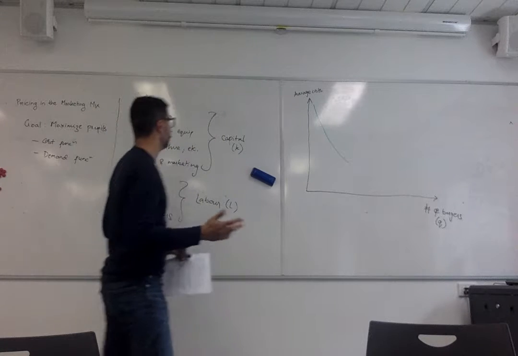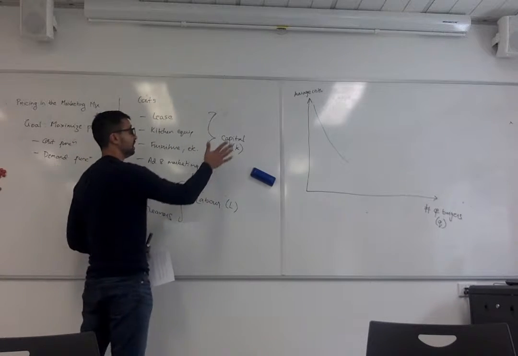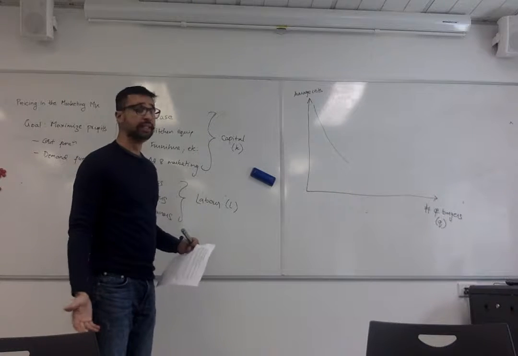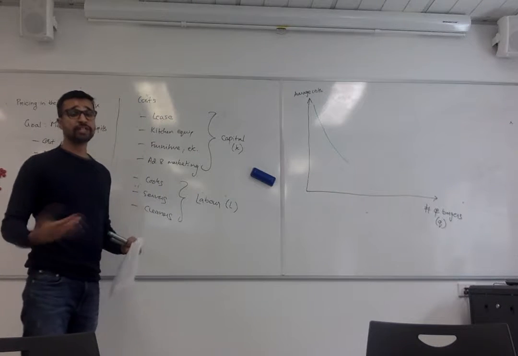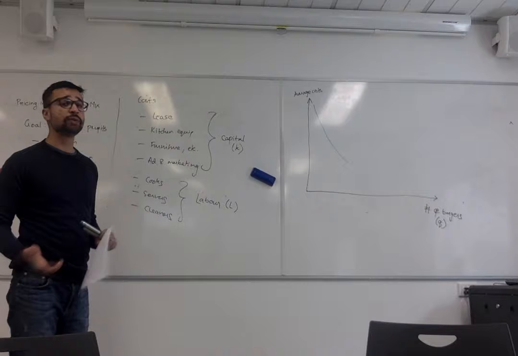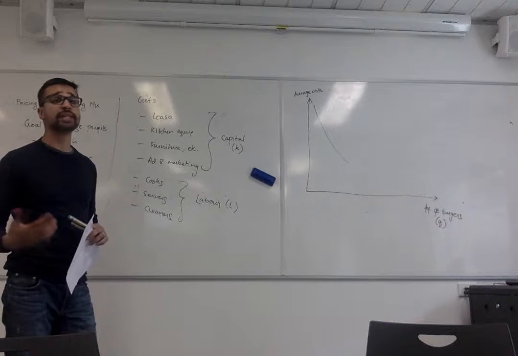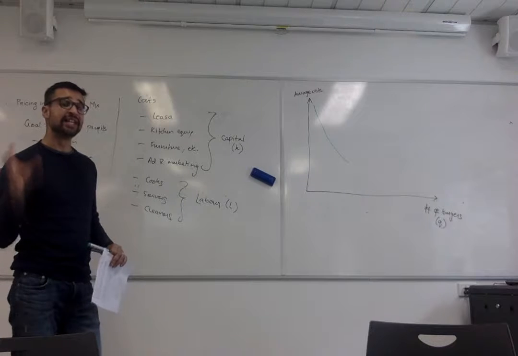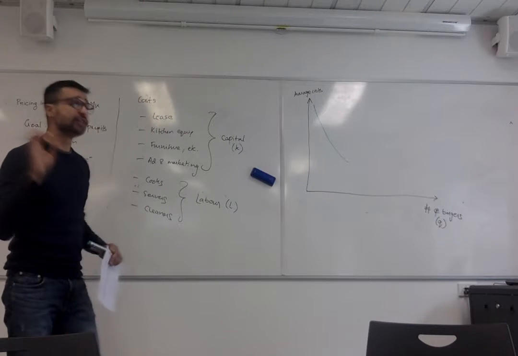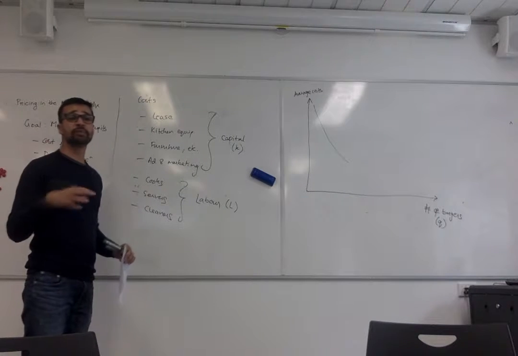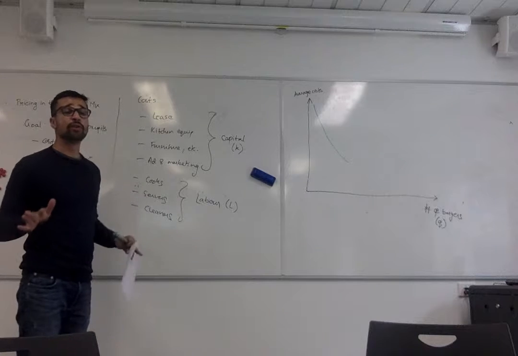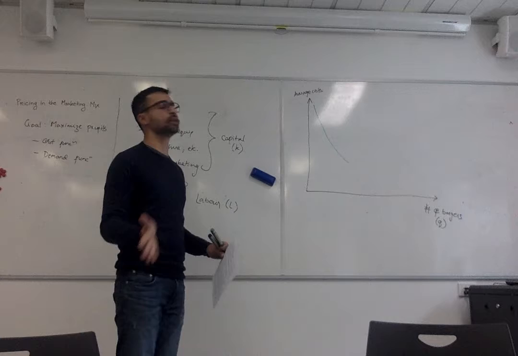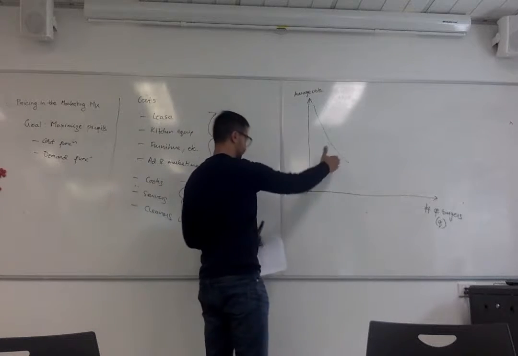Why is that? Well, what's happening is that the initial costs of capital are being spread over a larger volume. You probably need the same restaurant space, you probably need the same kitchen equipment to cook 20 burgers as you do to cook 10 burgers. And so when you go from producing 10 to 20 burgers, that upfront cost of the restaurant space, the kitchen equipment, etc., is being spread over a greater number of burgers, and so the average cost of a burger is going down, right? And that's what you see happening.